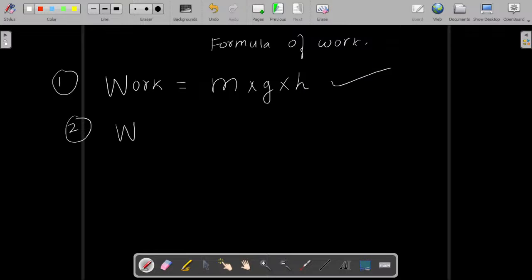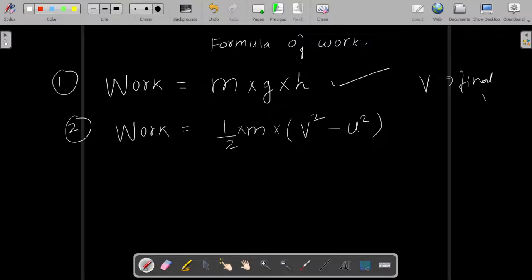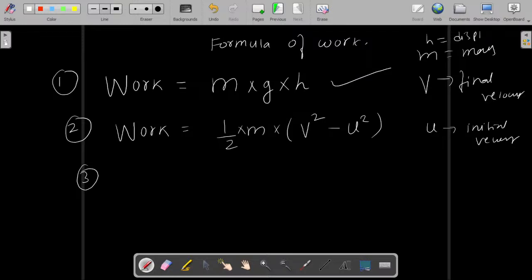Second formula, write down, work is equal to half into mass into final velocity square minus initial velocity square. What is v here? Final velocity. What is u here? Initial velocity. And m is the mass. H is the vertical displacement.